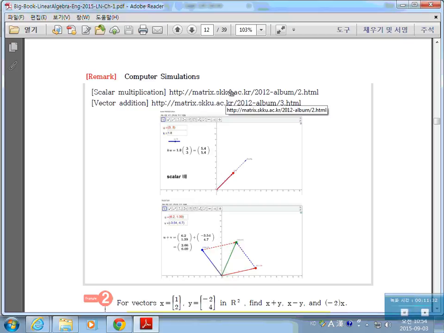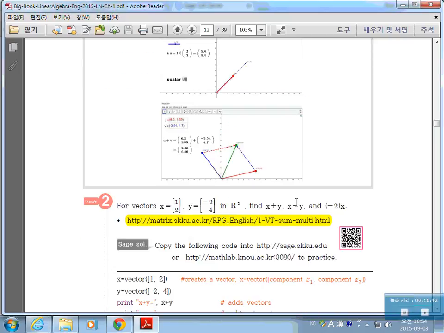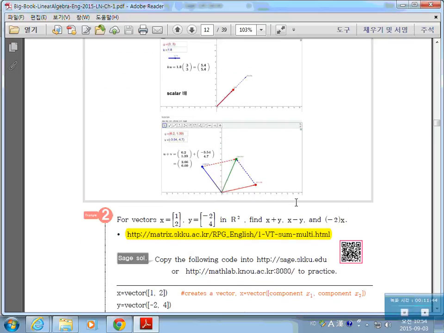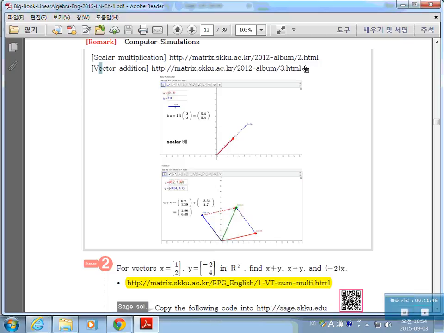We can do a computer simulation of this scalar multiplication and vector addition on this website that you may try.